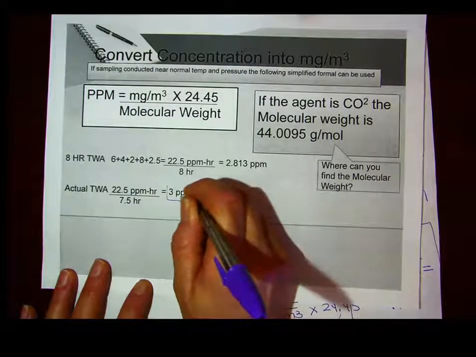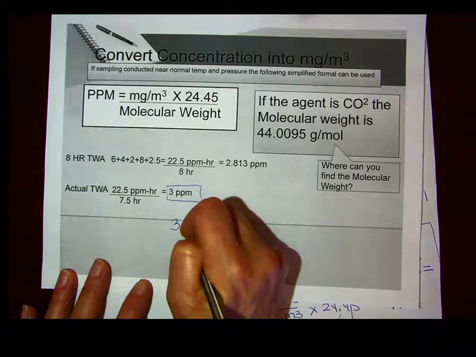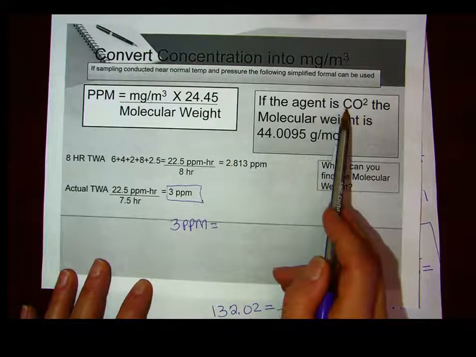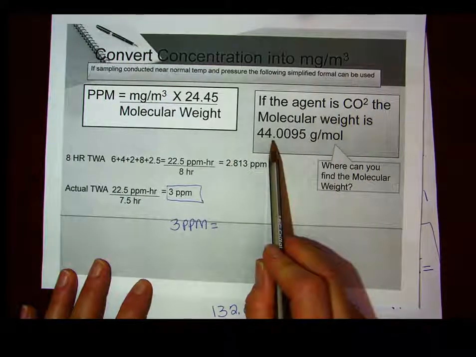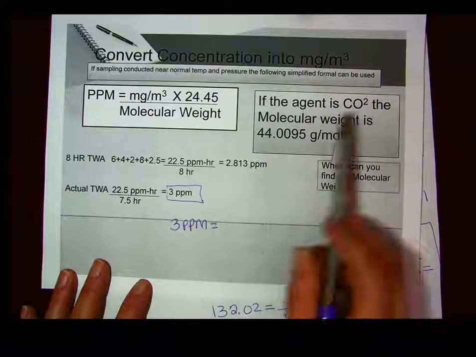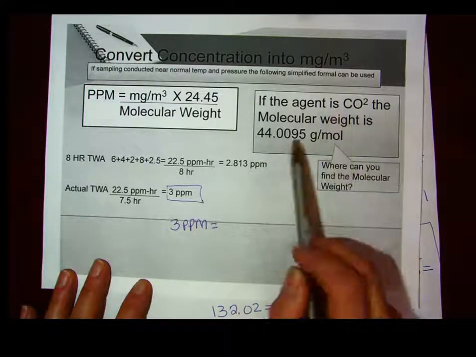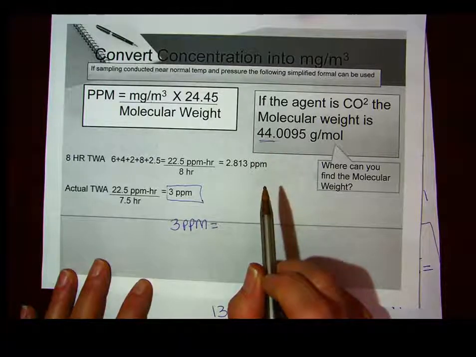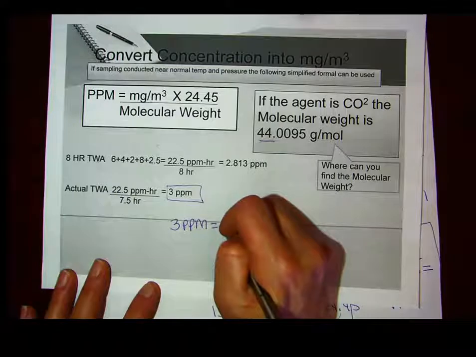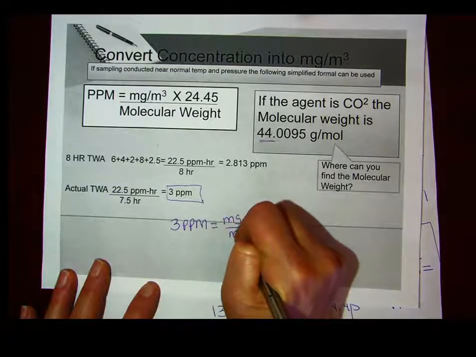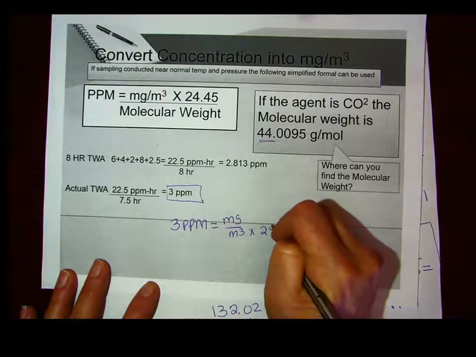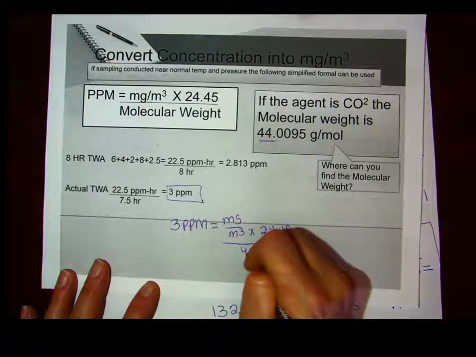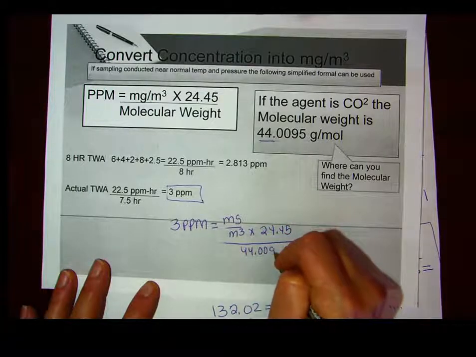So I'm going to use this 3 parts per million and plug it into this equation, assuming I had carbon dioxide, whose molecular weight is 44.0095 grams per mole. So here's my unknown. And this does, of course, assume that we're close to normal temperature and pressure.